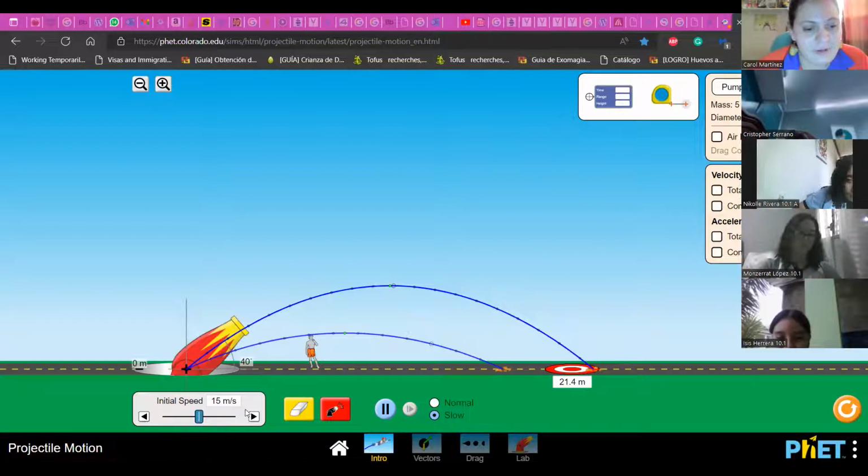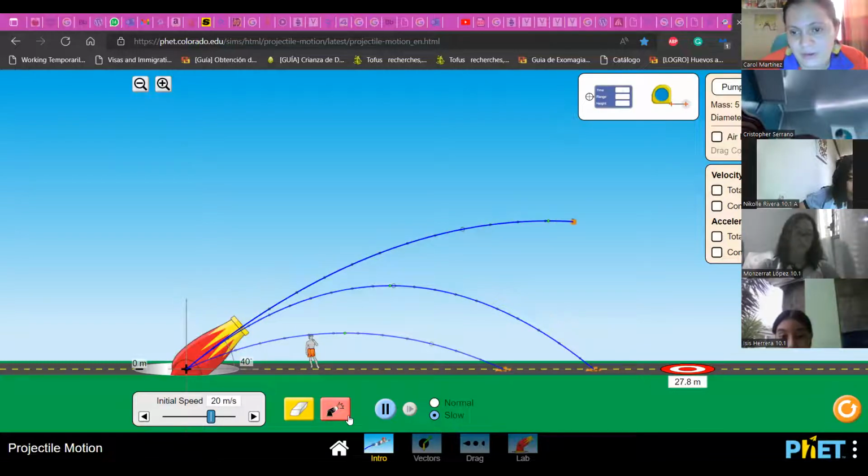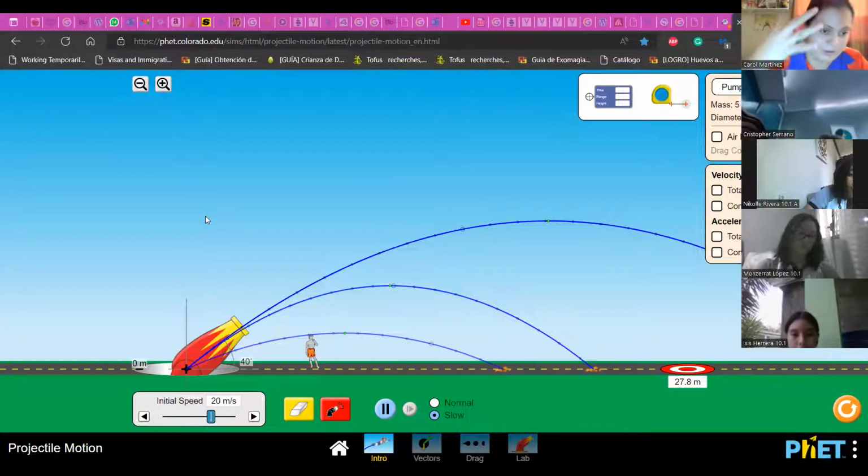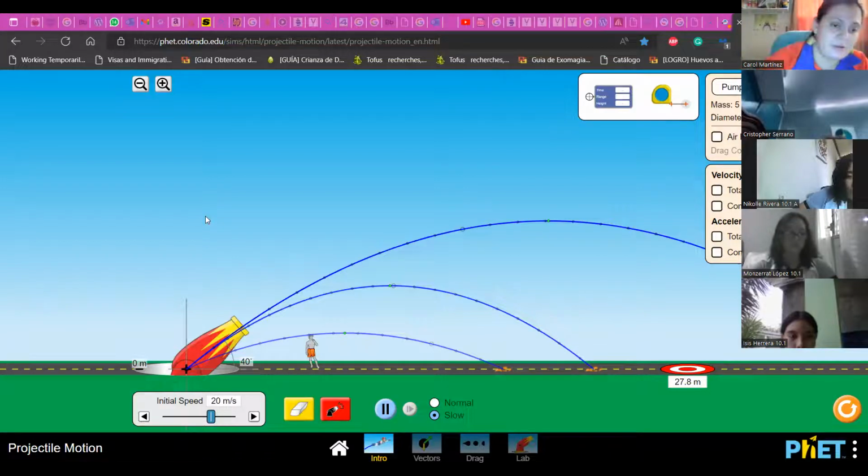You can show it even in slow motion. I can actually increase the velocity. Look, by increasing the velocity, it was too much, too fast. But anyway, you can see the three trajectories that I show, the three of them show that curved path that is known, as I told you the other day, as a parabola.